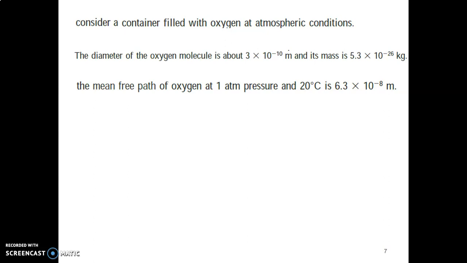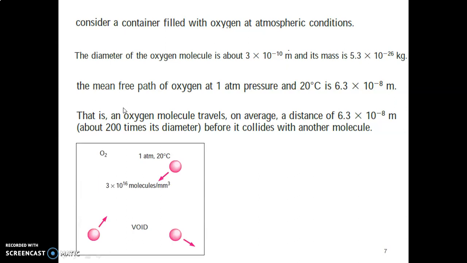Now, consider the mean free path of oxygen at atmospheric conditions. The mean free path at 1 atmospheric pressure and 20 degrees Celsius is 6.3 × 10^-8 meter. Now, what is mean free path? Let us consider a diagram. Here, 3 oxygen molecules are shown. Oxygen is basically a gas, so these molecules will collide.